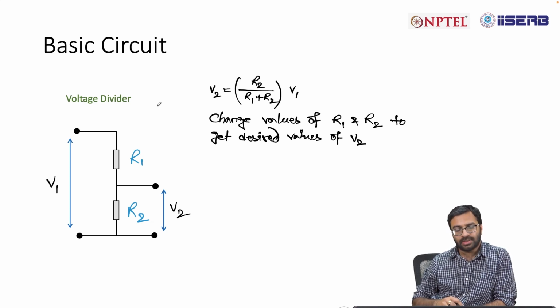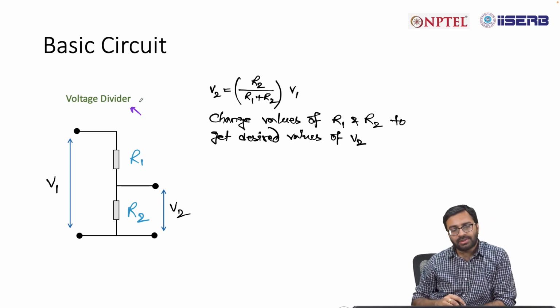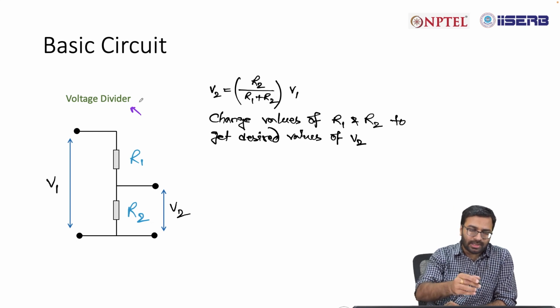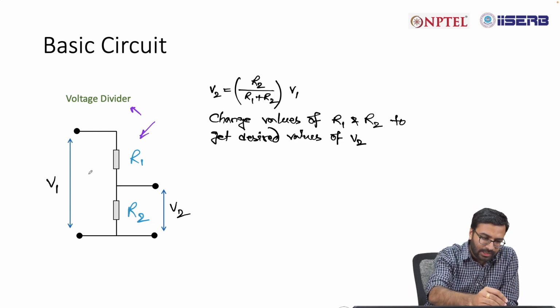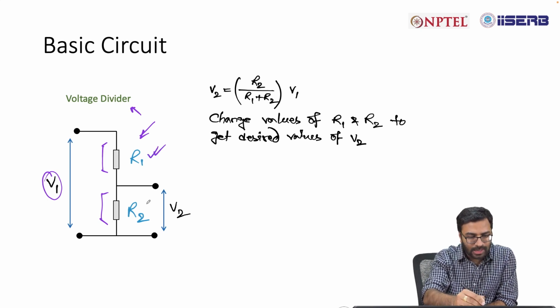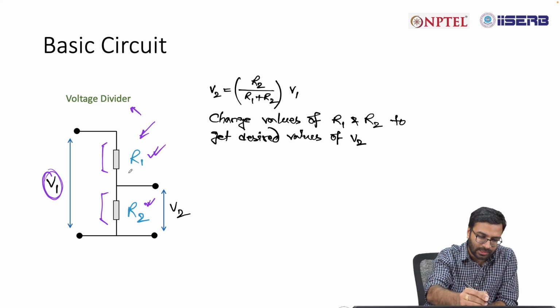So one of the basic circuits associated with a sensor system is a voltage divider, which is very basic, but it's very important when it comes to resistive types of sensors. A voltage divider is a circuit like this, where you divide an applied voltage into 2 different parts. So you have R1 and R2. Based on the values of R1 and R2, the applied voltage V1 will get divided.